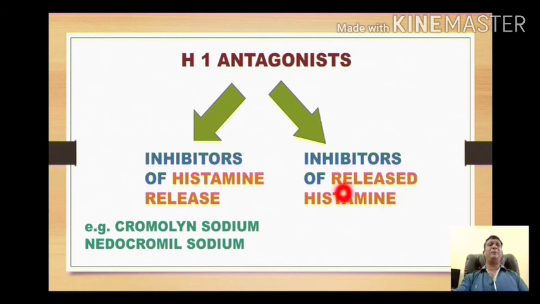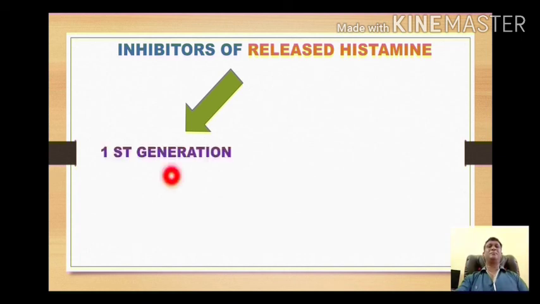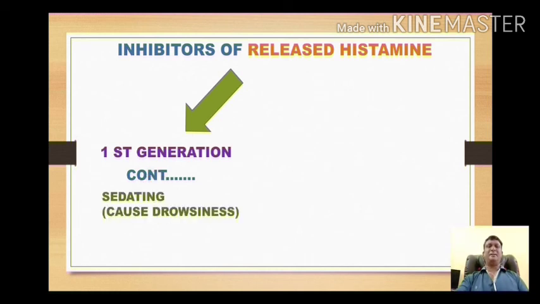So these inhibitors of released histamines are further classified and they are classified in two classes. The first one is the first generation H1 antagonist, about which we will continue in the next slide. The first generation compounds are referred as sedating.